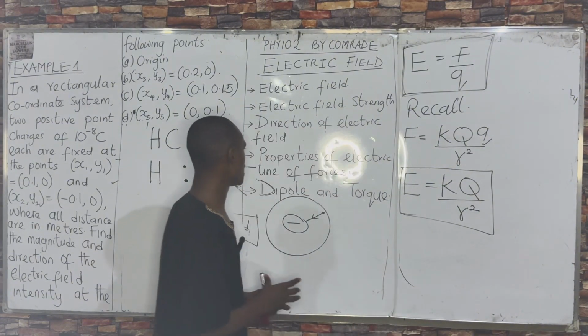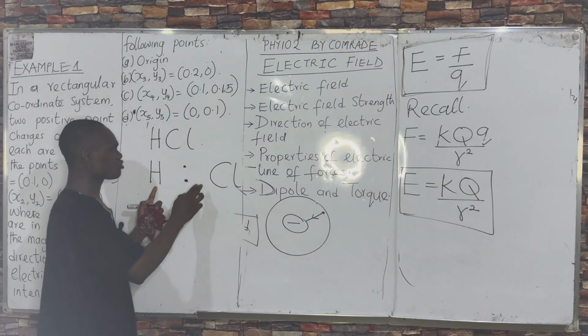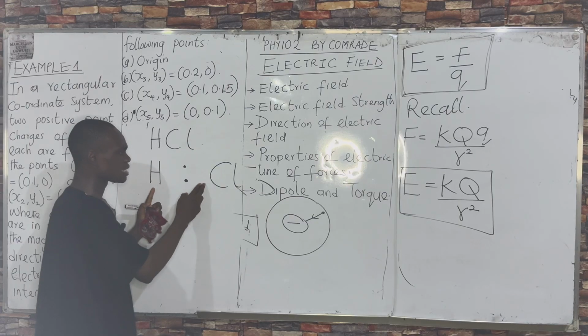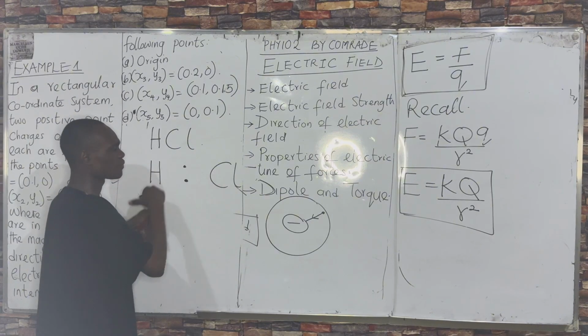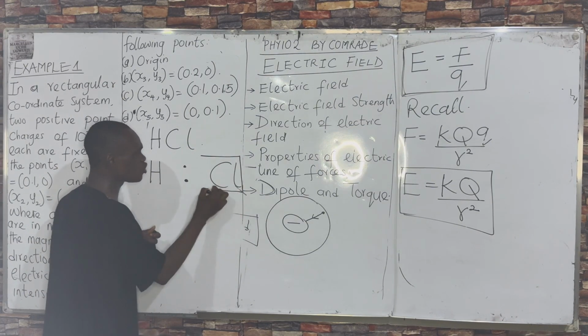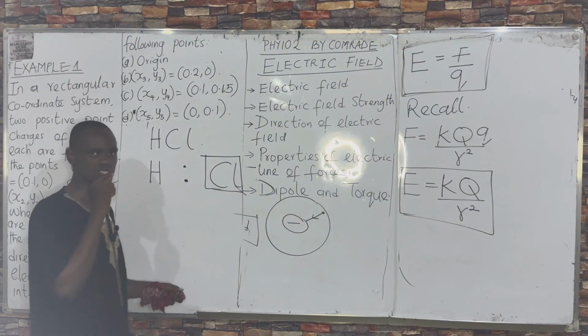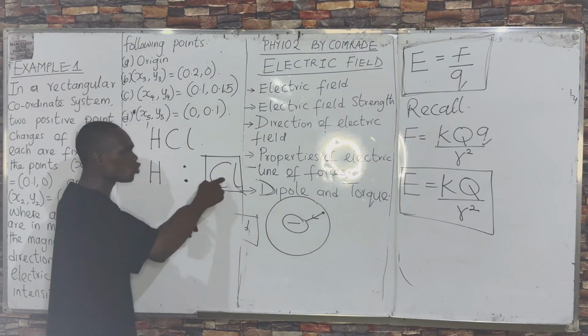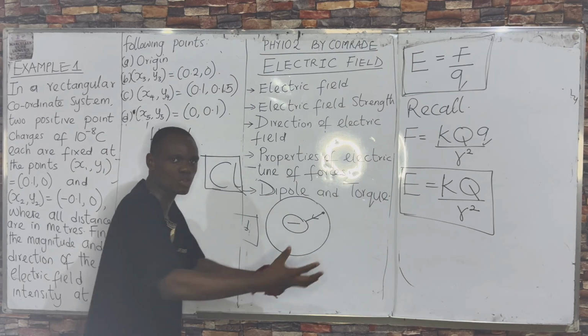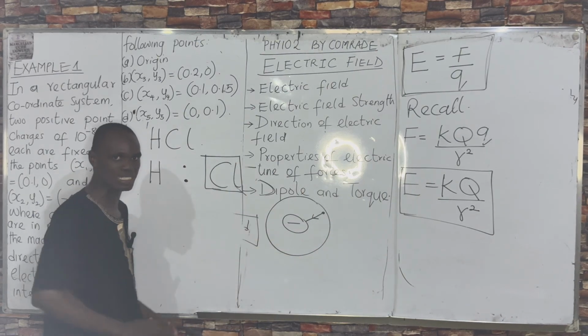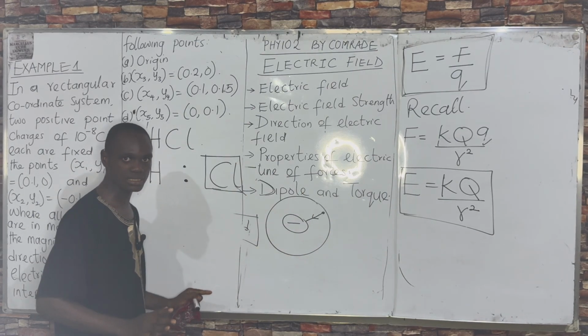Now, because of that, between hydrogen and chlorine, you will see that the electronegativity of chlorine is far greater than that of hydrogen. Meaning chlorine has more tendency to want to attract electrons to itself. That's the meaning.